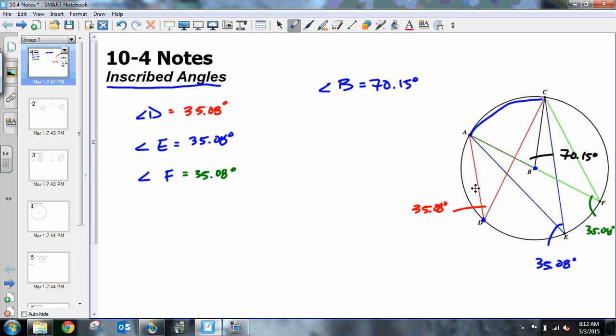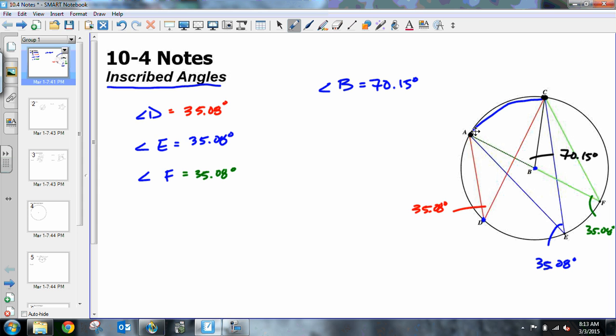So here's what I'm noticing here. If I have an inscribed angle who also connects to this arc measure here, I can find the measure of this angle if I know what this angle is here, and vice versa. So I can kind of write a formula here.